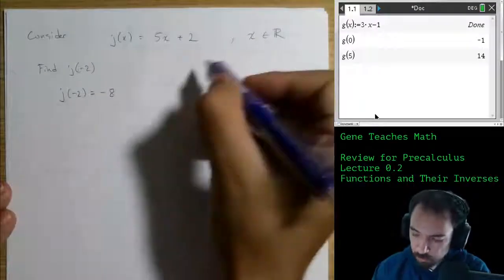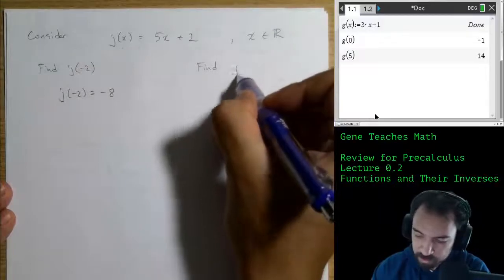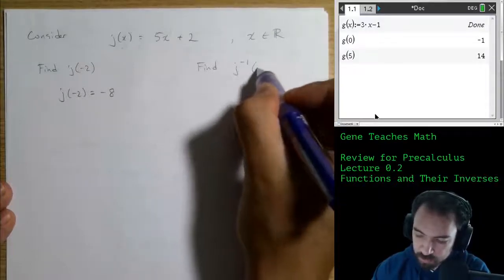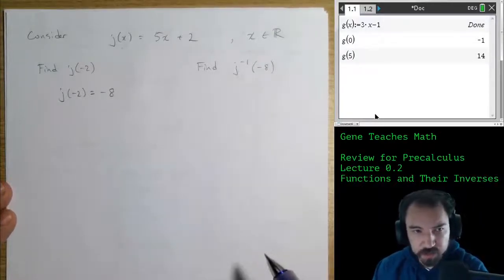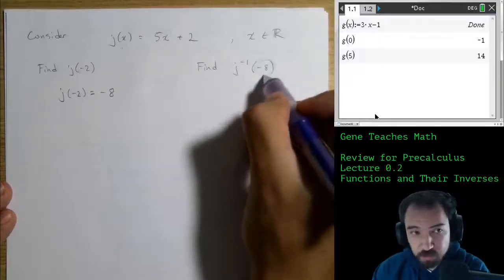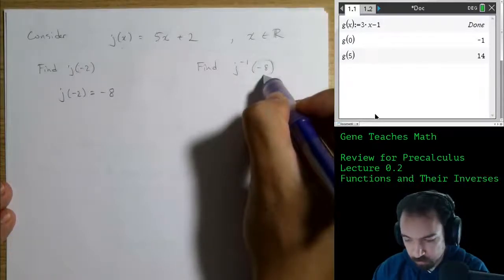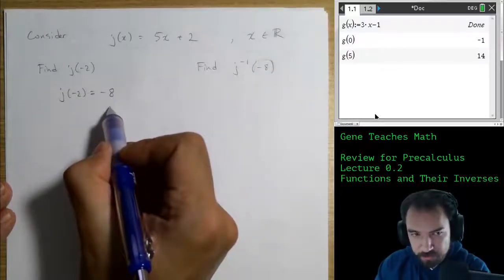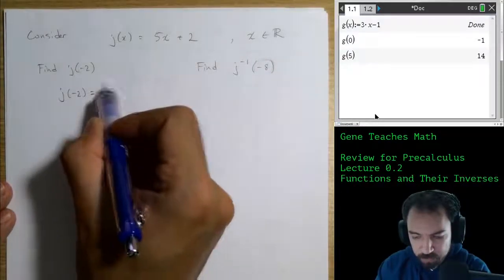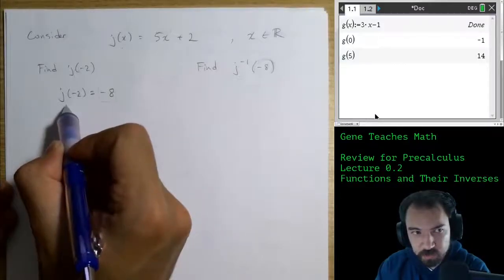Now, what if I gave you the command, find j inverse of -8? That means work backwards. Start with what's normally the output of -8 and go back and find me the associated input. Well, I already know the answer because I found that if the output is -8, I can trace it back to an input of -2.